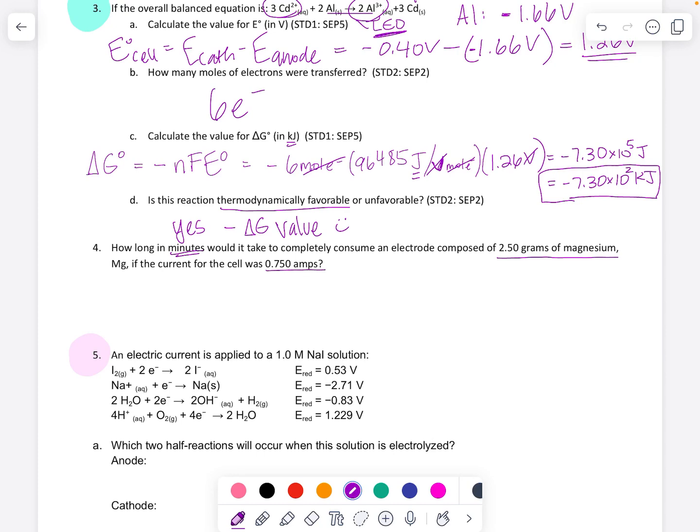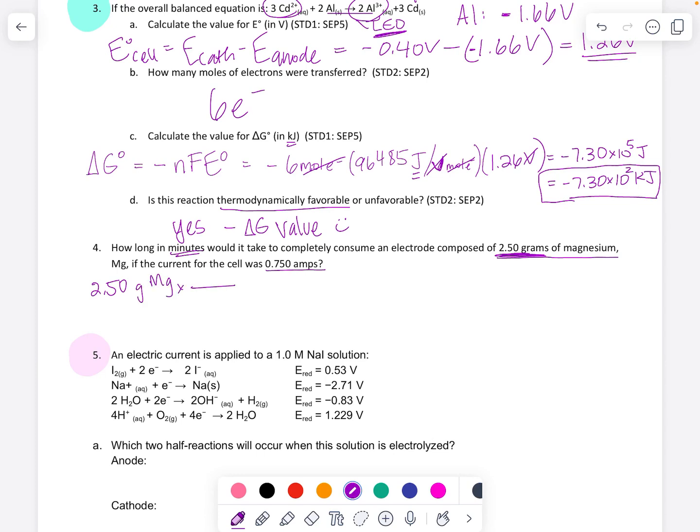So first I need to know how many moles this is, because then I could figure out how many moles of electrons are generated in this reaction, and then relate that to the coulombs in Faraday's law per moles of that electron. So 2.50 grams of magnesium.